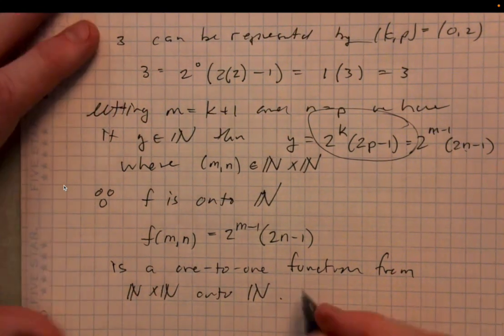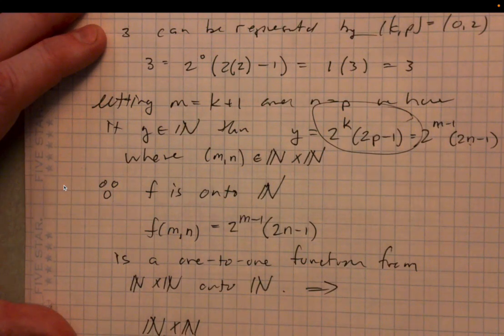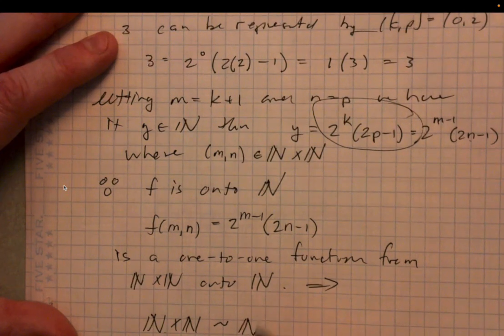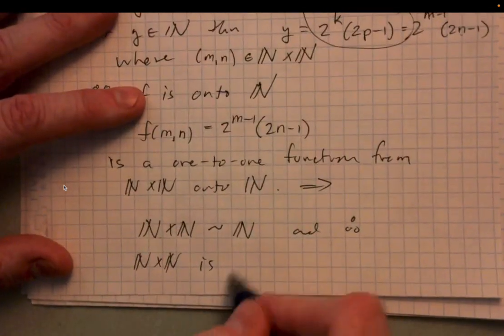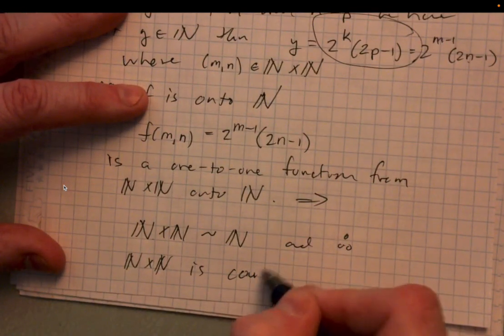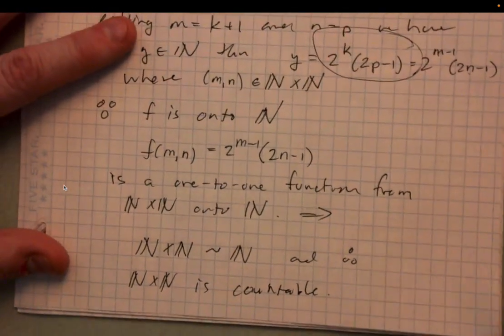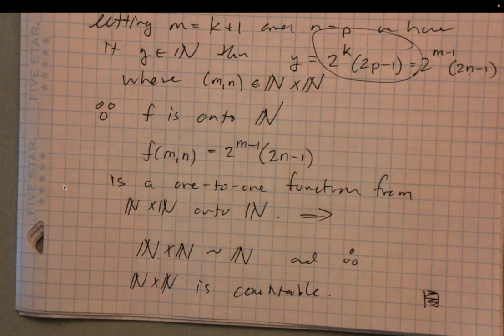And so, of course, the implication is that the Cartesian product of the natural numbers is equivalent to the natural numbers, and therefore N cross N is countable. Okay, that's what we were after there. So the Cartesian product of the natural numbers is a countable set, a countably infinite set.